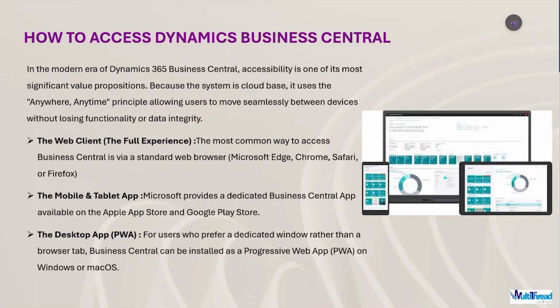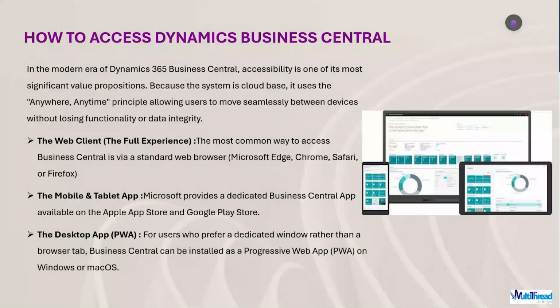The next one is the mobile app. If you are using an Android or a Mac, you can have it installed on your phone. When you go to the App Store and search for Dynamics Business Central, you will see the application.